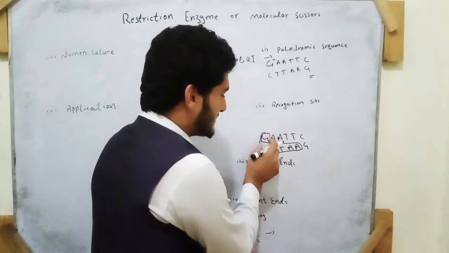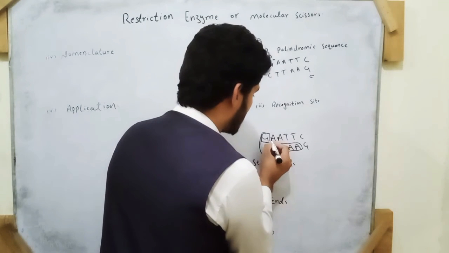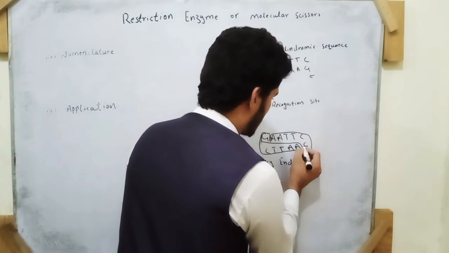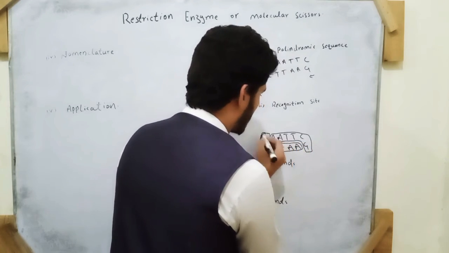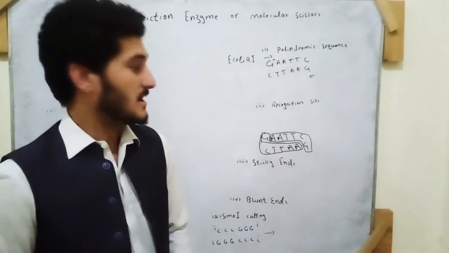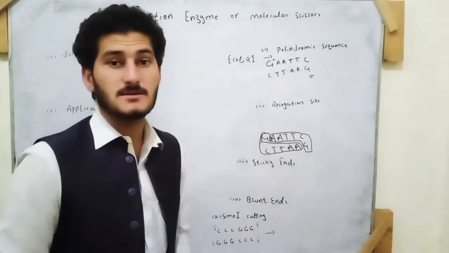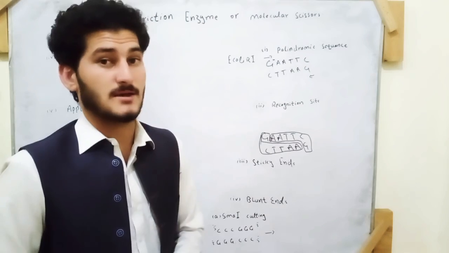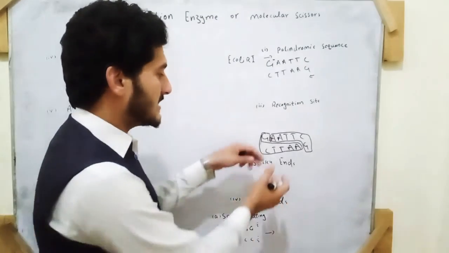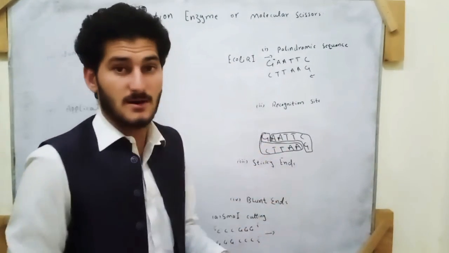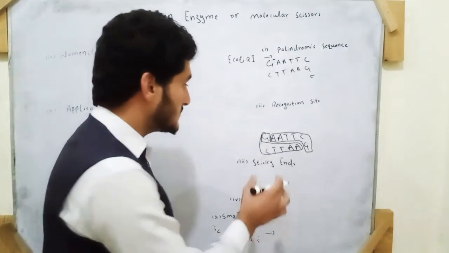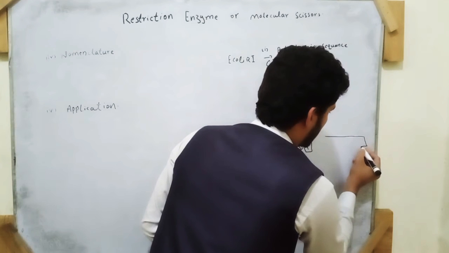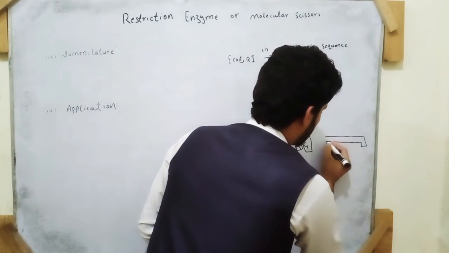So one is this cohesive end, and another is this type of cohesive or sticky end, which we can combine with each other using another type of enzyme, ligase. So this is a sticky end. Basically, this is the structure of sticky ends.